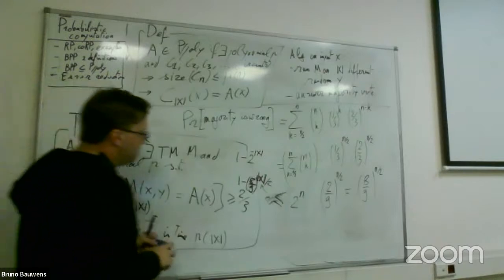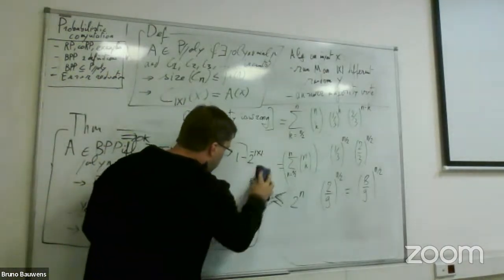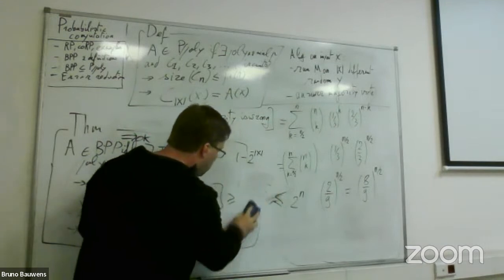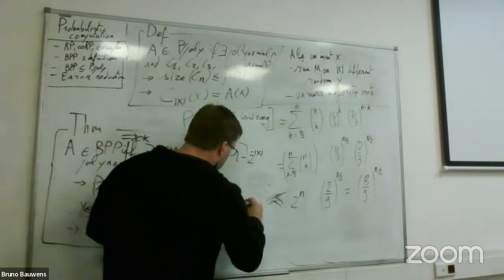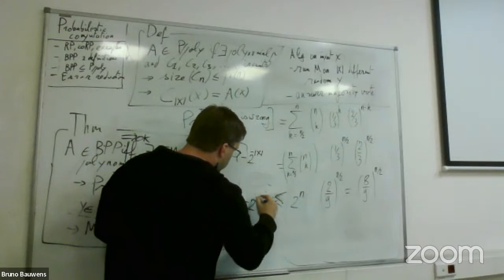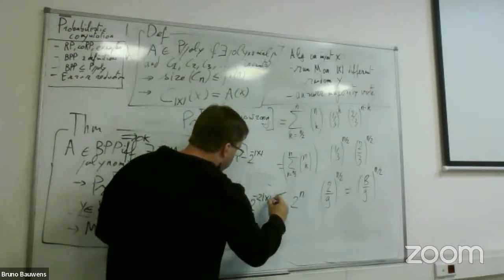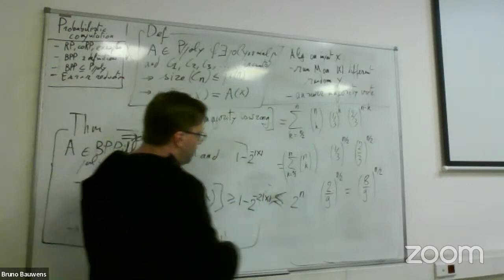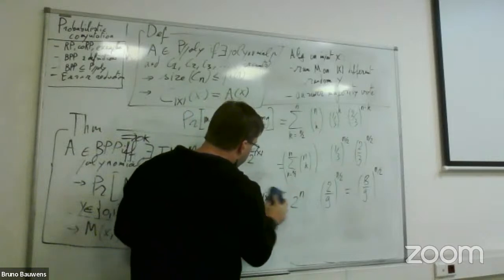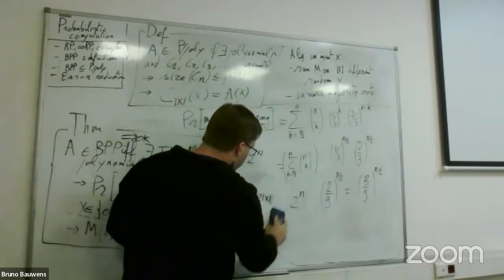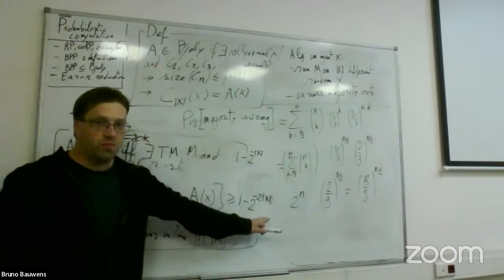So in this result, I can put 1 minus 2 to the power minus 2 length of x. So here I put a very strong result because I will need it in 1 minute. So it's clear how to prove this, right?